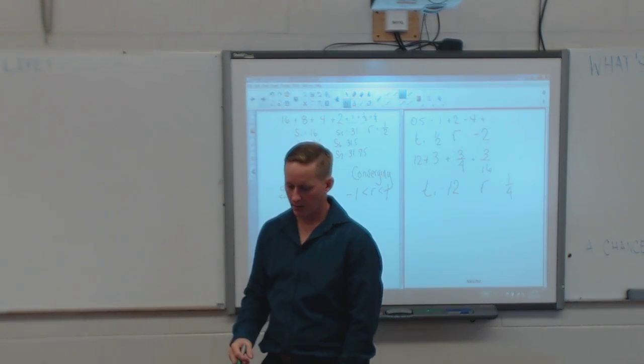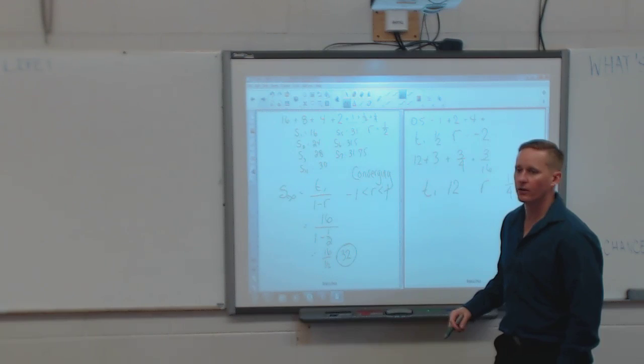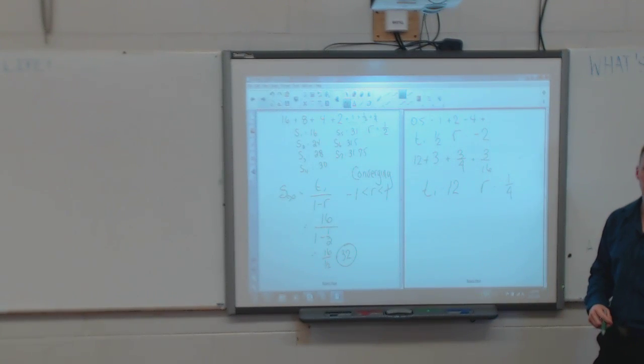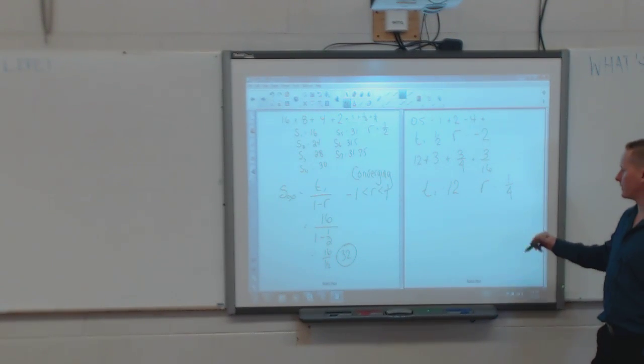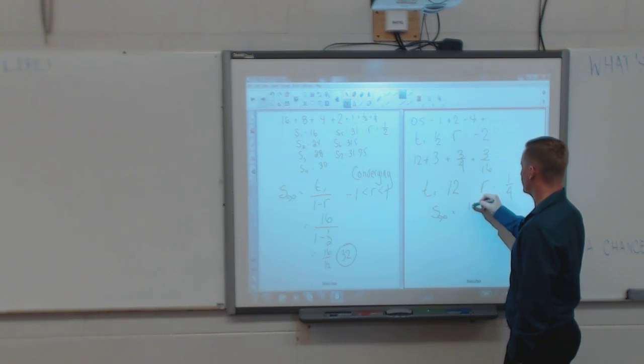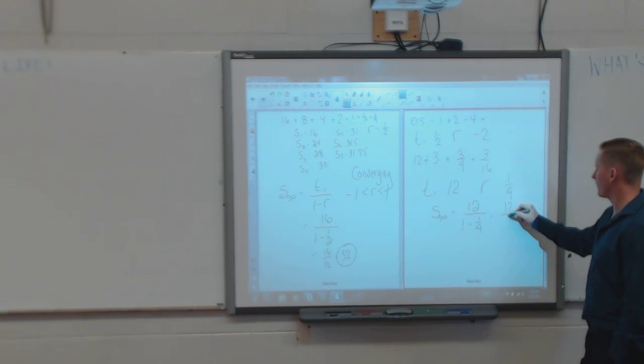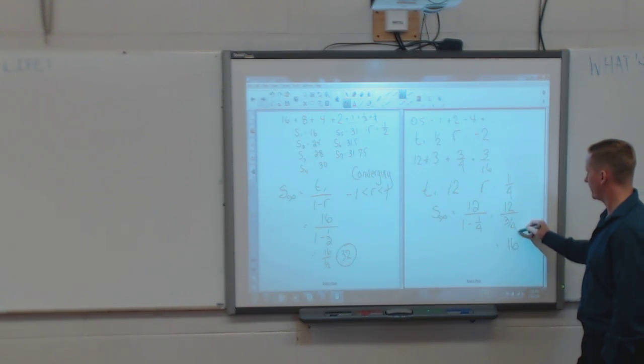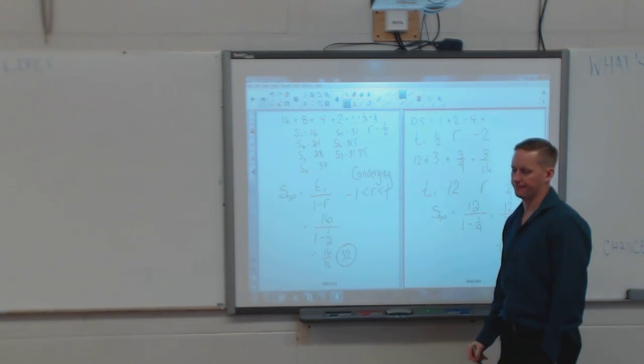So is it divergent or convergent? Convergent, because it's between -1 and 1. So I take my t to the 1, which is 12, over 1 minus 1/4, which equals 12 over 3/4, which is equal to 48 over 3, which I believe is 16.